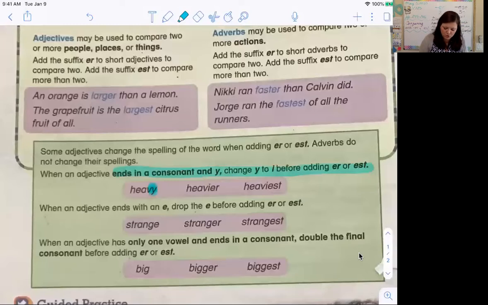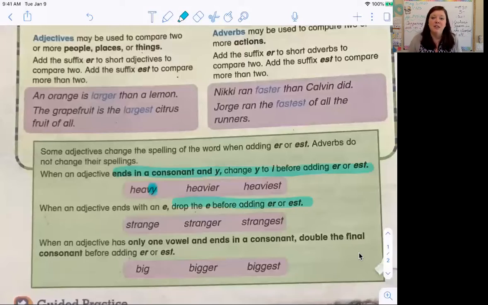So, drop the E before adding ER or EST. Strange. Woo, that house is strange. Ooh, that house is stranger than the other house. That is the strangest house in the neighborhood. Okay, we drop the E before adding ER or EST.